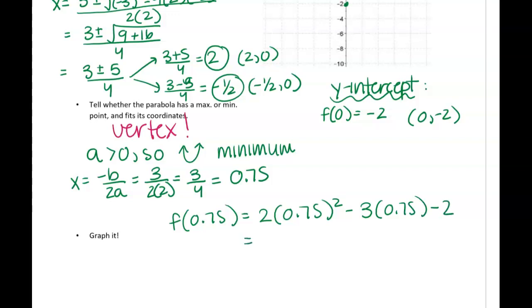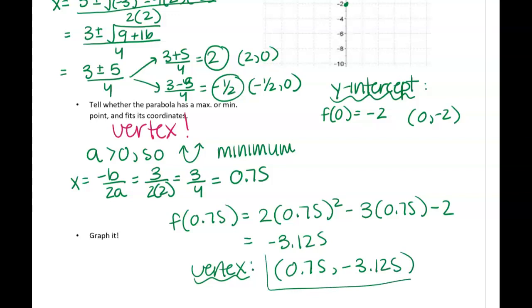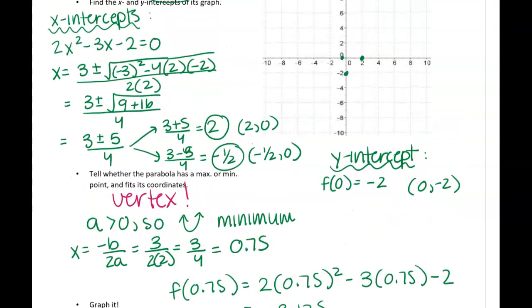You're free to use your calculator for this, and you get negative 3.125. So then our vertex is 0.75, negative 3.125. So let's plot that as well. Maybe about there, and then there, something like that. There's an approximation of our parabola. Is it perfect? Definitely not, but it's good enough for our purposes today.